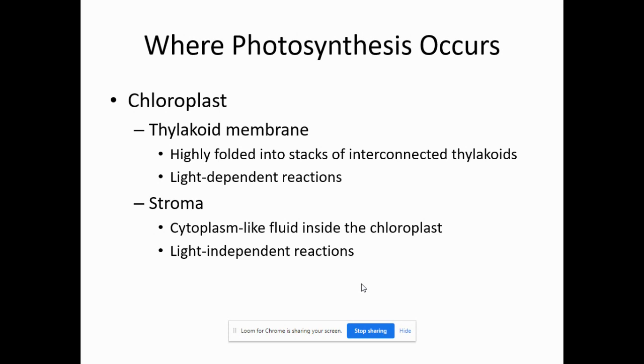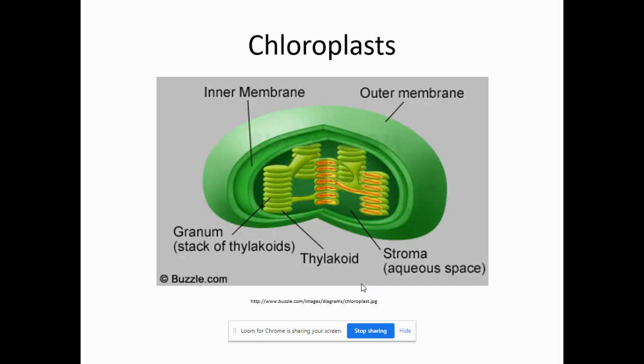And then the area around the thylakoid membrane, you have this fluid called the stroma. Okay, this is cytoplasm-like fluid inside the chloroplast, and this is where the light-independent reactions occur. So you need to know where the light-dependent reactions occur and where the light-independent reactions occur within the chloroplast.